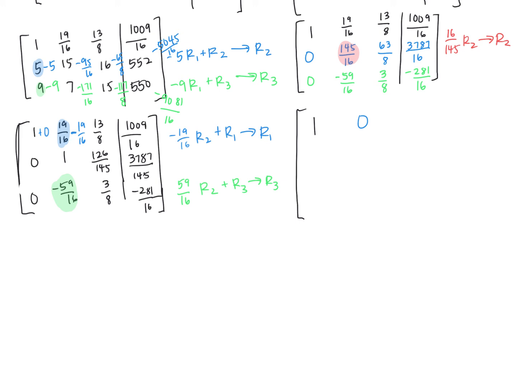And then we have negative 19/16 times 126/145. And we get negative 1197/1160. And so then we're going to subtract those fractions. And you will see that you get 86/145.